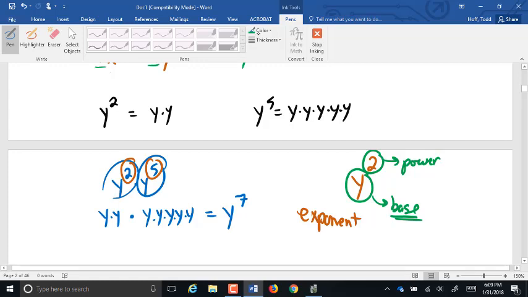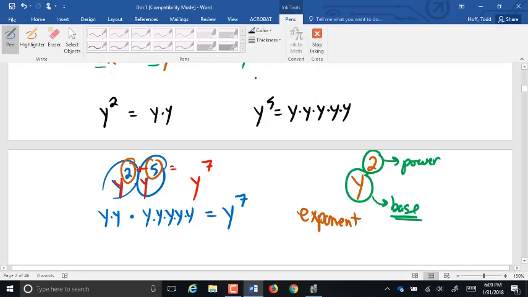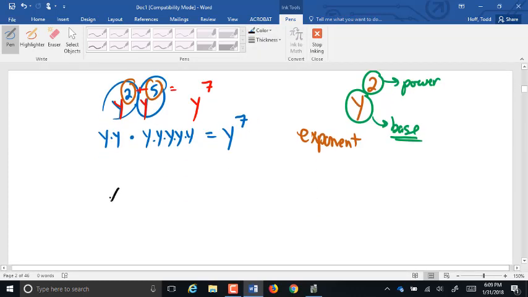When we have the same base, which we do here, both of those are y, when we multiply exponents that have the same base, we just add the powers. 2 plus 5 gives us 7. So it's y to the 7th. So x to the 5th times x to the 12th would be x to the 17th. Good.